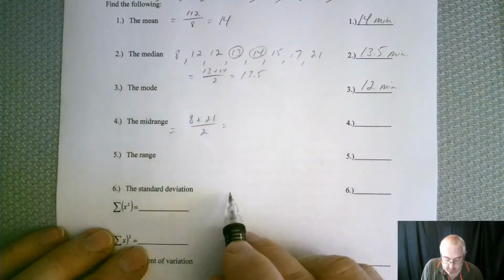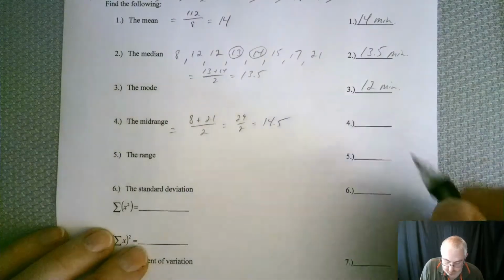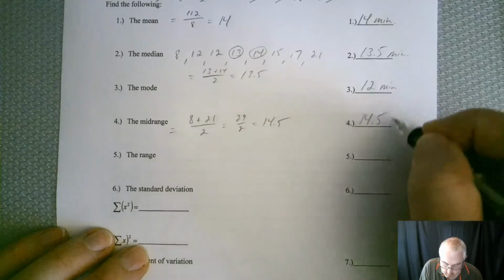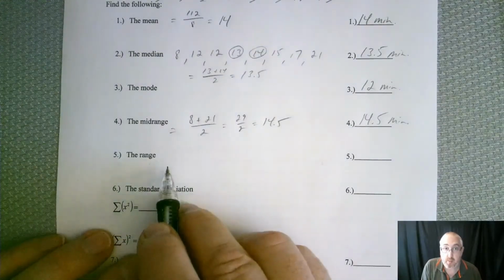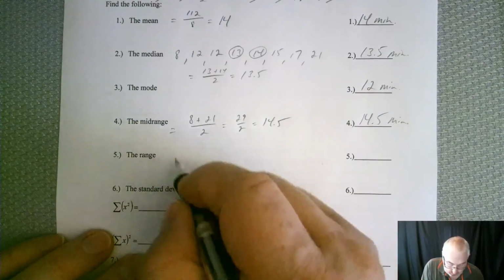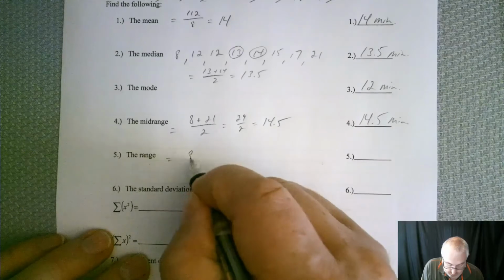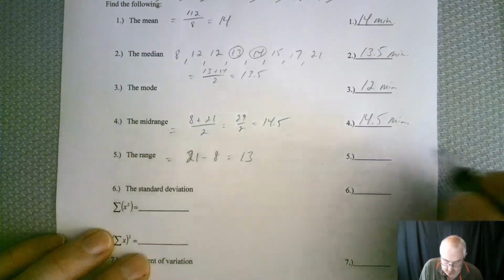So it looks like 29 divided by 2, which is 14.5. And now the range, remember, is the difference between the maximum and minimum. So we're going to take 21 and subtract 8, which is 13.